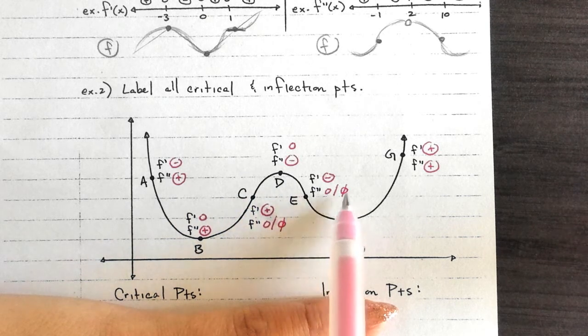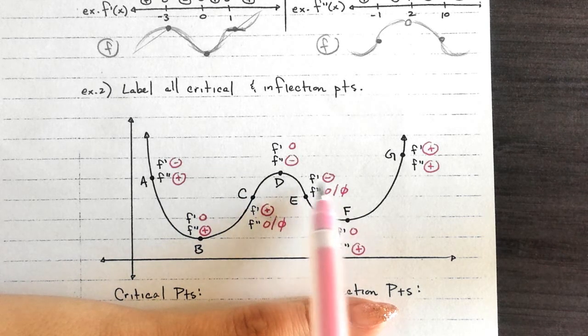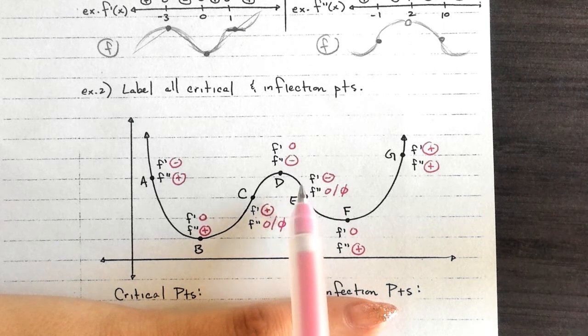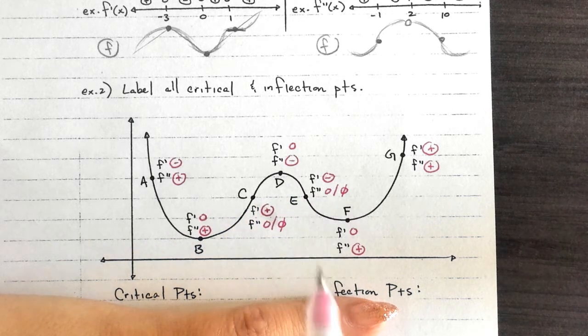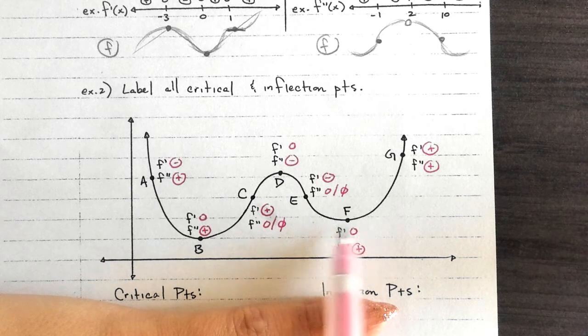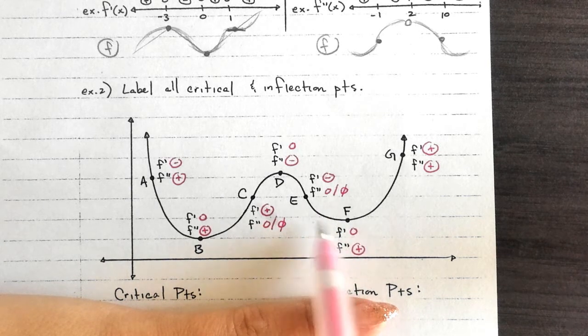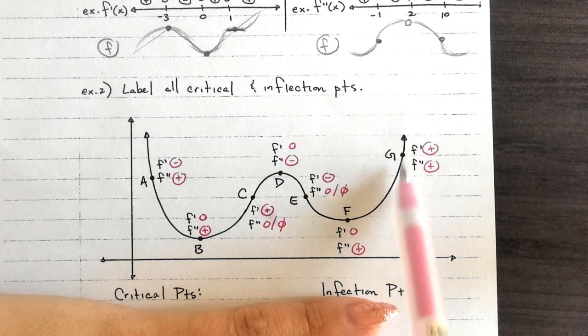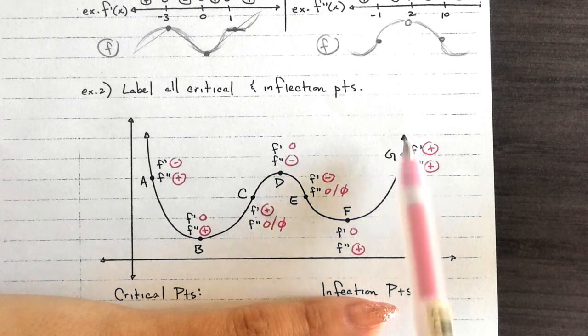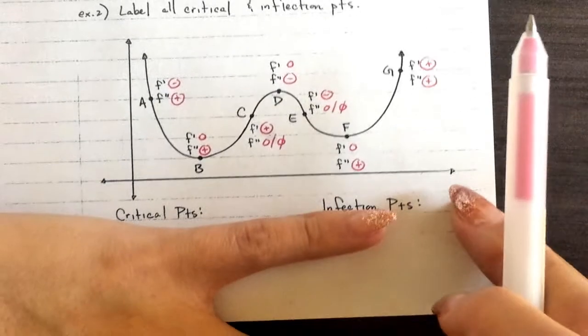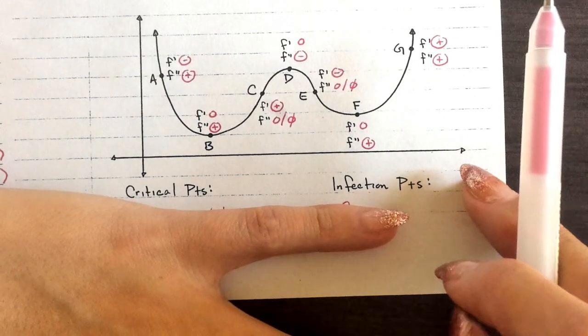So you can see right here, it's 0 or undefined for f double prime. But for f prime, our slope is negative at E, so that's why it's negative. Here you have a slope of 0, and then obviously concave up. And then here you have a positive slope, and obviously still concave up. Okay? What are your critical points? So you look back, and what are your critical points?